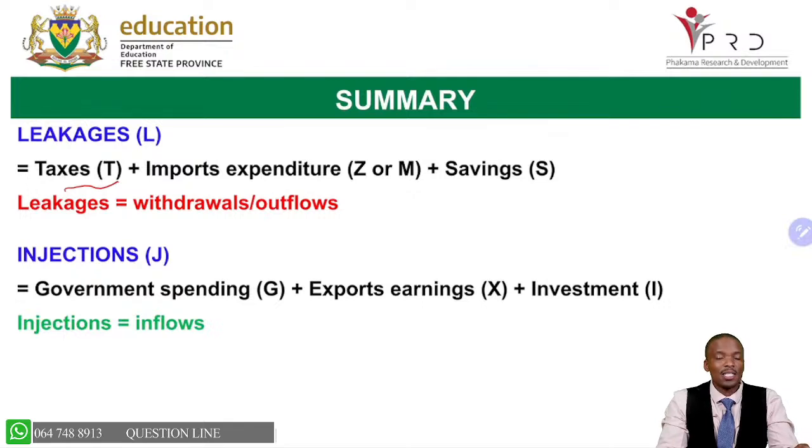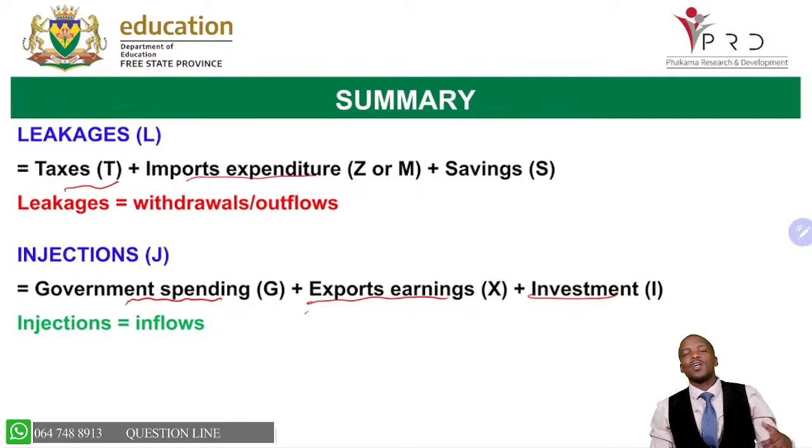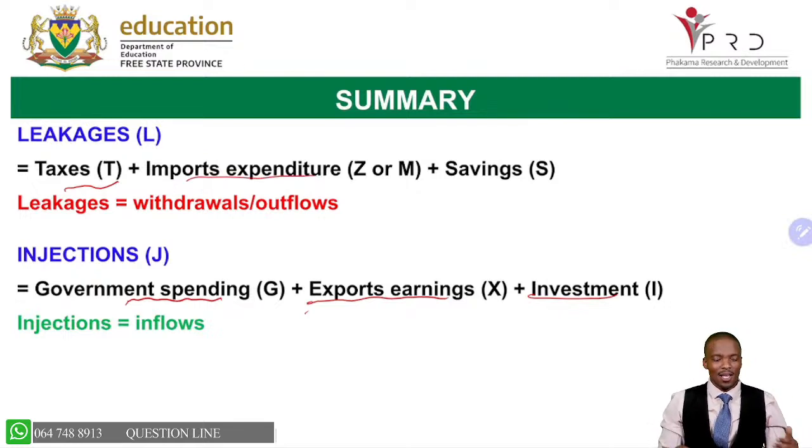Investment. And that refers to an inflow. Okay. Grade 12s, we are always caught on these ones, because from the lower grades you knew that exports are injections and imports are leakages. But in reality, the exports themselves are the physical goods, but the earnings from them, that is the money we are referring to.